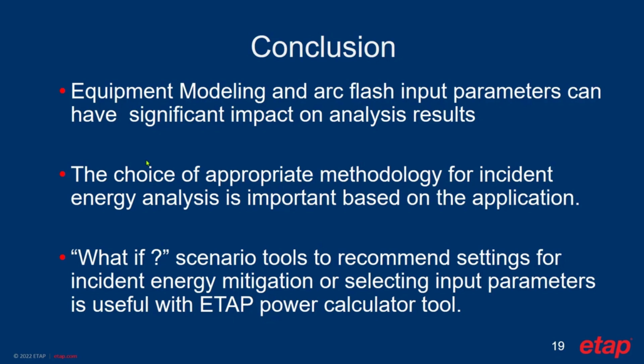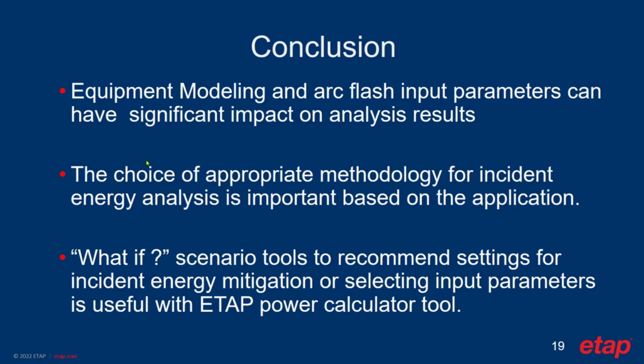The third one is that the what if scenario tools to recommend settings for incident energy mitigation or selecting input parameters are useful with the Etap power calculator tool. The what if scenario refers to, okay, now that the fuse cannot be changed on the 34.5 kV side because it's already been installed, the only other mitigation technique is to increase the working distance.